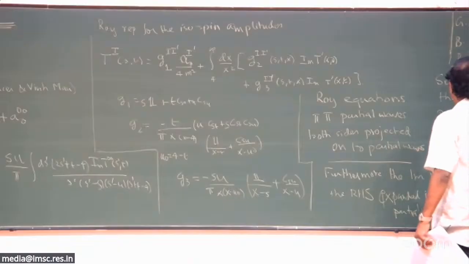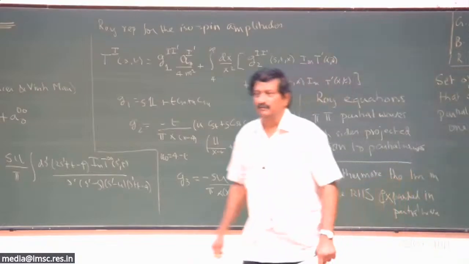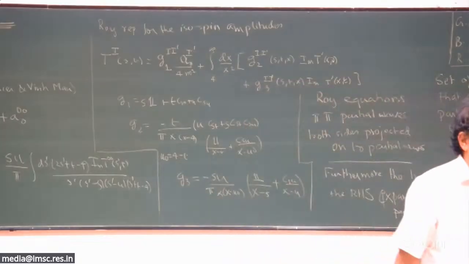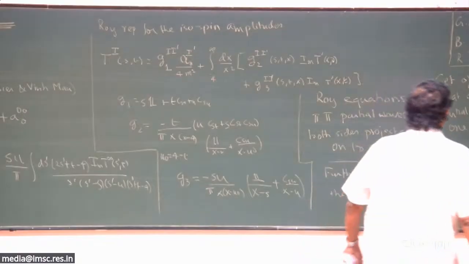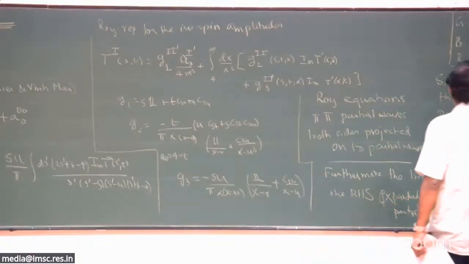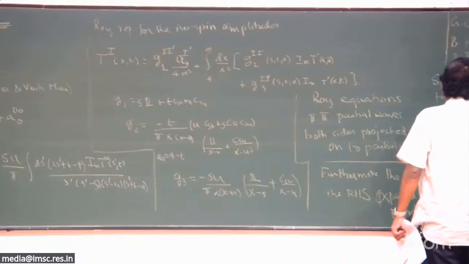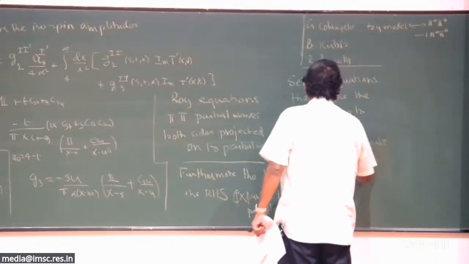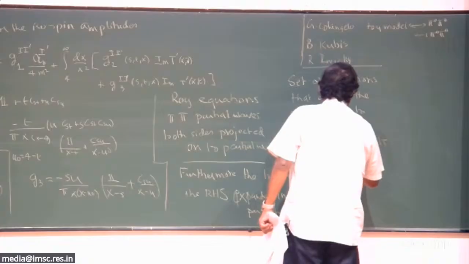But not all. On the right-hand side, you have only the imaginary part of the partial waves. So all the waves are coupled to the imaginary parts of all the other partial waves. So the LHS will have real and imaginary parts. The RHS has only imaginary parts.